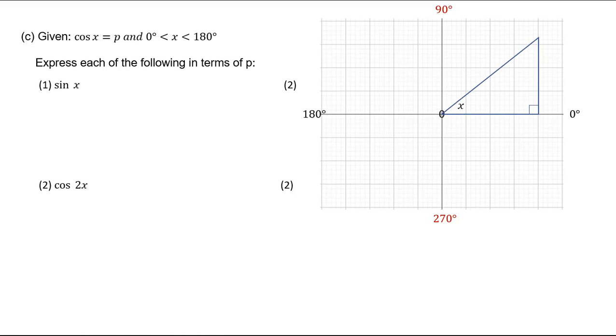And I'm told that cos x is equal to p all over. So the fact that I don't have the denominator, you need to know that a denominator of p there will just be 1.